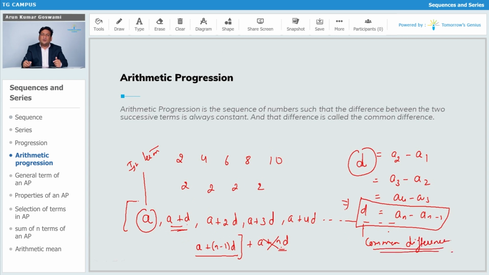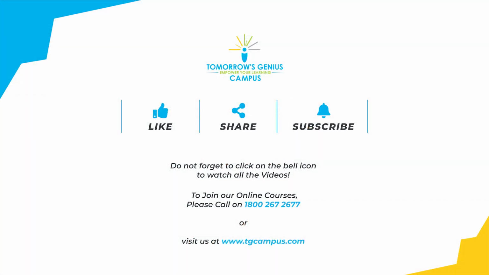These two are the most important, the first term and the common difference, and here N is known as the number of terms. Again, my last term will be A plus N minus 1 into D for a finite series. Okay, we'll now discuss the general term.